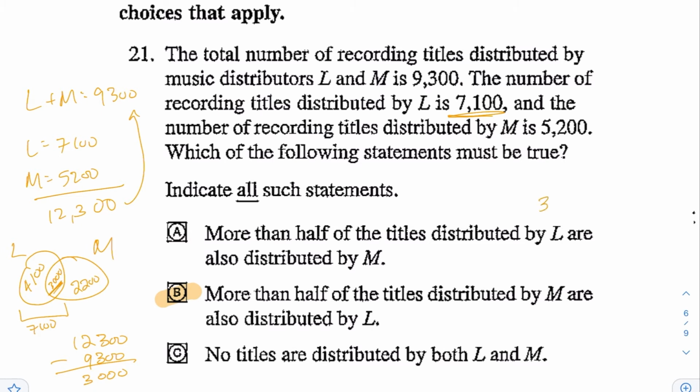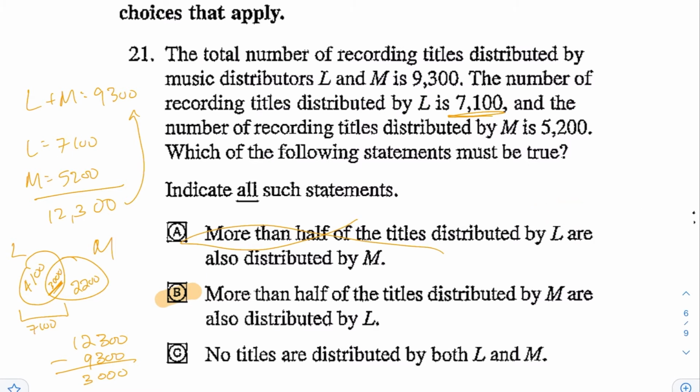So it's only 3,000 over 4,100. So it's only about 75% of L, but that's not the same that's distributed by M. So you know that A can't be true when you compare these.